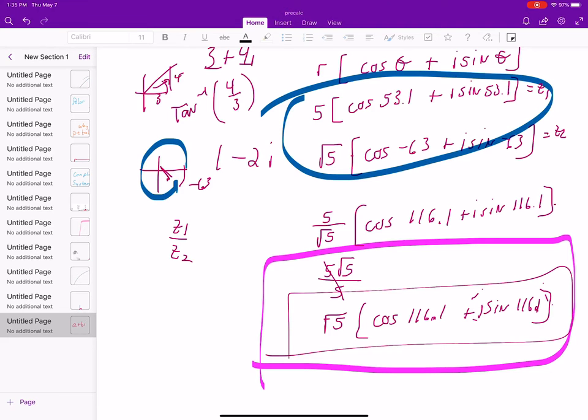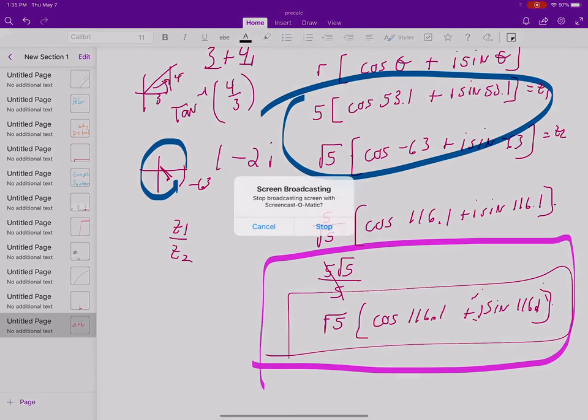Let me find out. I know it's what you do. For subtraction, you just do the opposite.